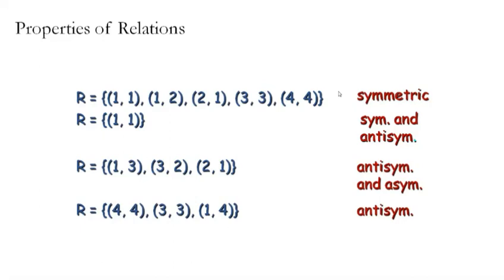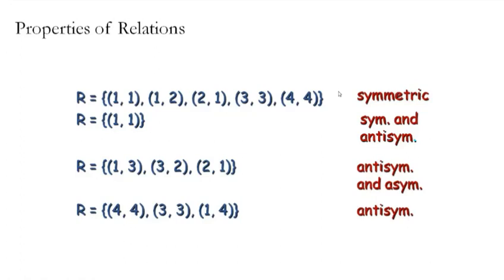But it is not antisymmetric, because the upper diagonal element 1 comma 2 and its opposite 2 comma 1 are present in the same relation. So hence it is not accepted. Antisymmetric will accept the diagonal and a pair like 1 comma 2 when its opposite is not there.